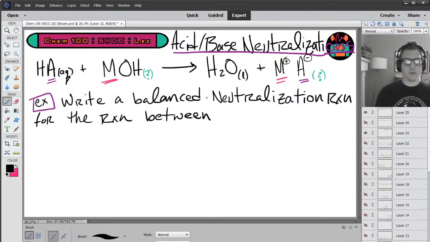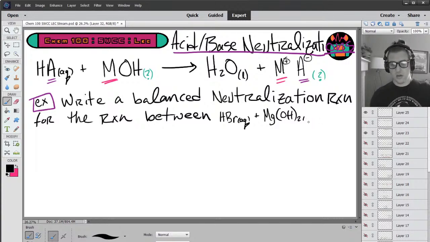We're going to write a balanced chemical equation for the neutralization reaction between hydrobromic acid and magnesium hydroxide, which is a solid, because magnesium hydroxide is usually insoluble.